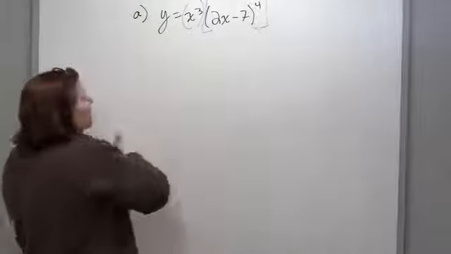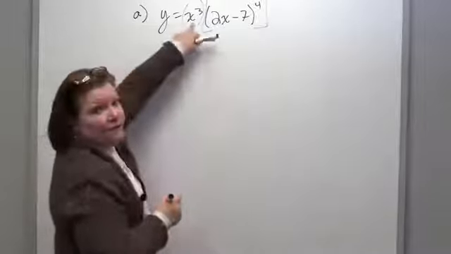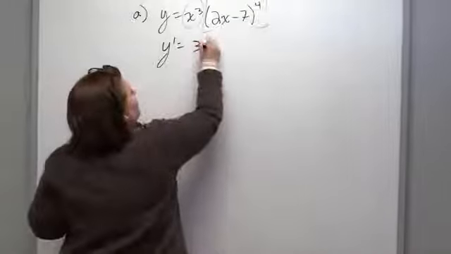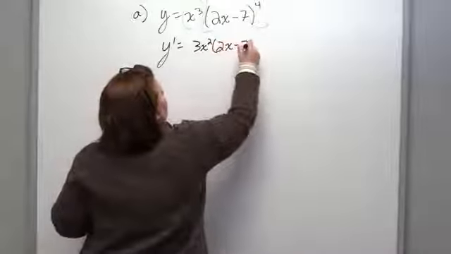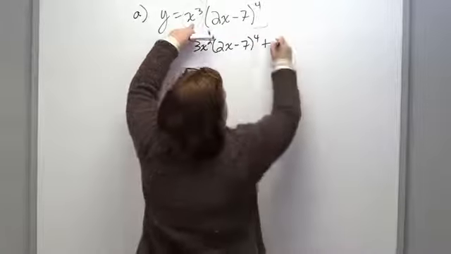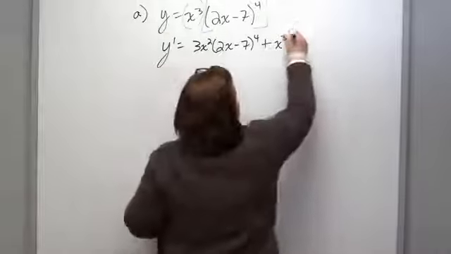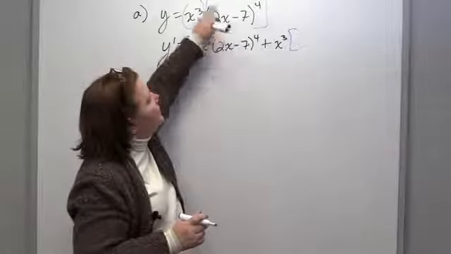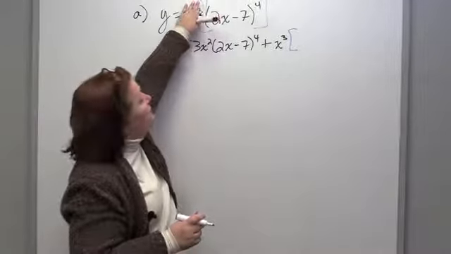So using the product rule, the derivative is going to be the derivative of the first, so the derivative of x cubed is 3x squared, times the second, plus the first times the derivative of the second. And because the derivative of the second involves a chain rule, I'm going to put brackets around it so I can really focus on what the derivative of that is.